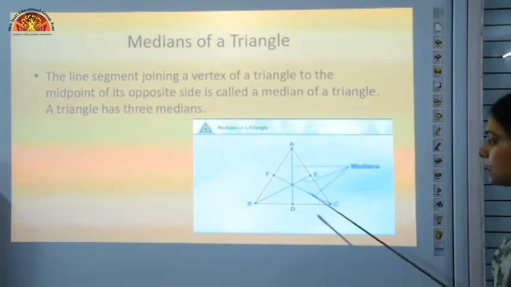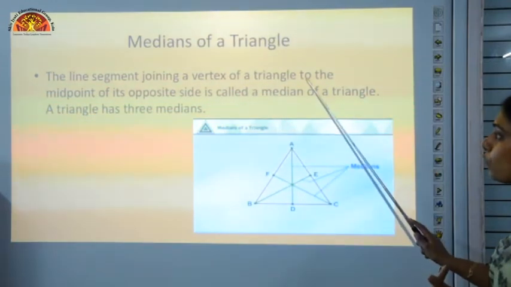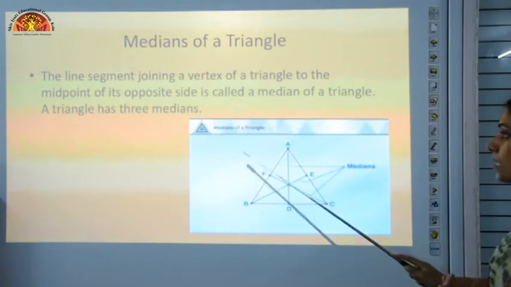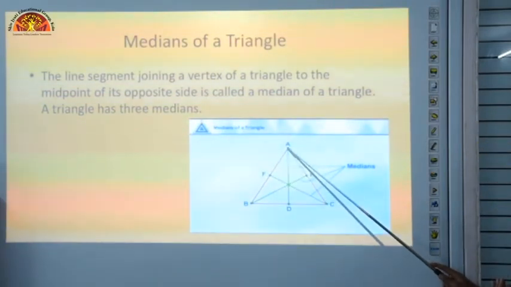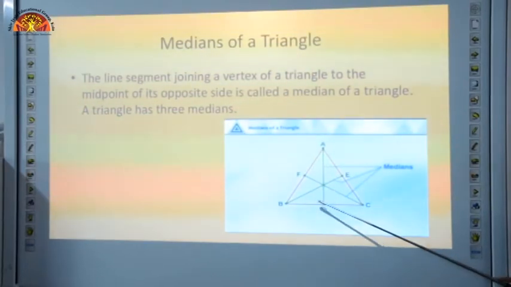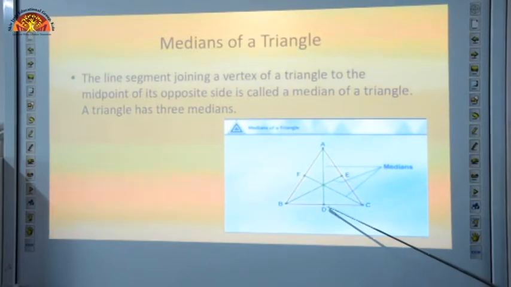Triangle ABC is given and a line segment joining a vertex of a triangle to the midpoint of its opposite sides. So, you can see that A is a vertex and line segment AD is joining the opposite side BC. So, AD is a median.